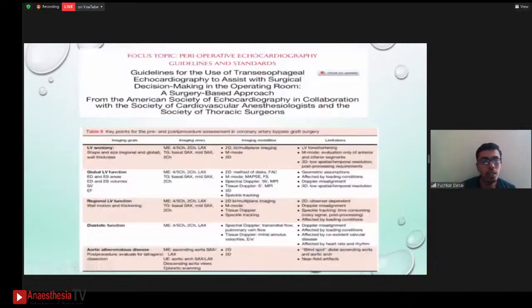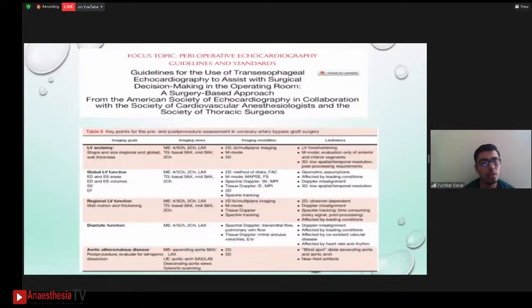Regarding TOE, this is a 2020 article from the JES, which they have published as guidelines for TOE during cardiac surgery, and they have comprehensively described all the indications of TOE during all types of surgeries.